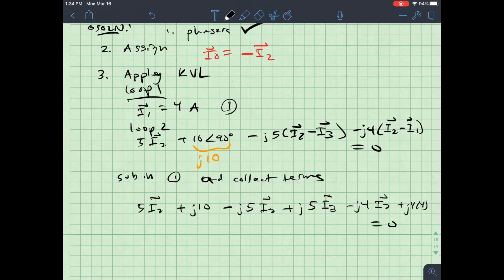All right, so this is j16, that's j10. Combining those together, I've got j26.